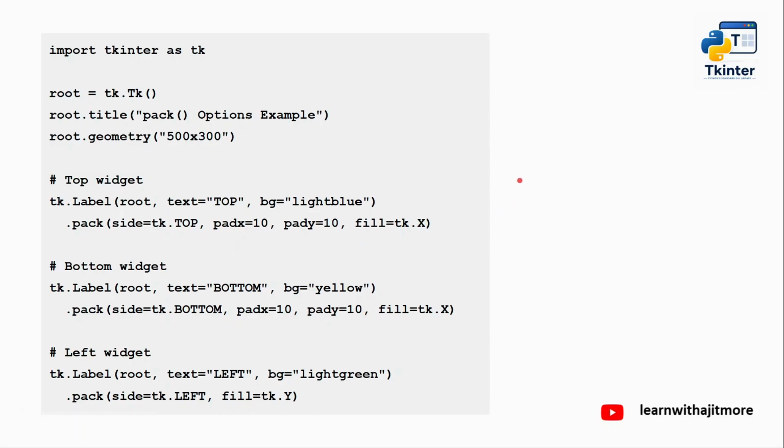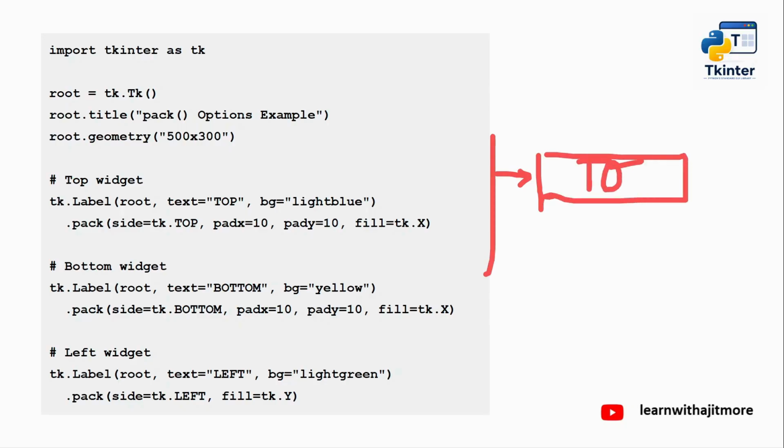Horizontal space means this boundary space. This widget is created. Okay, what will be written in that widget? Top. What will be the background color? Light blue. But this horizontal spacing is 10 pixels and this vertical spacing is 10 pixels.